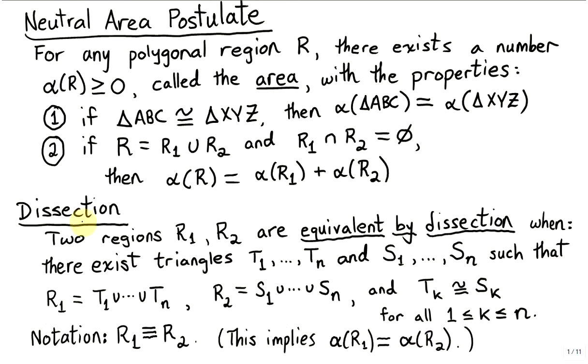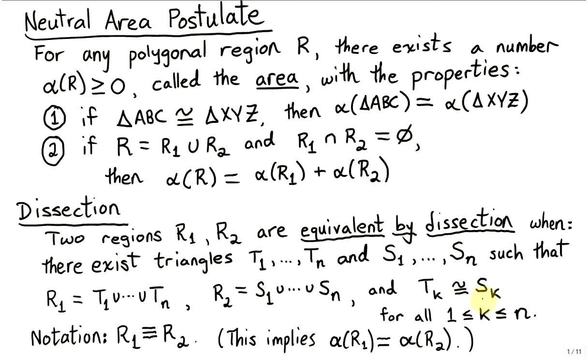Next, we'll talk about a way of breaking up a region into smaller regions that respects the area function. We say that two regions, R1 and R2, are equivalent by dissection if there are sets of disjoint triangles, T1 through Tn and S1 through Sn, such that the first region can be written as the union of the triangles T1 through Tn, the second region can be written as the union of the triangles S1 through Sn, and these triangles are pairwise congruent.